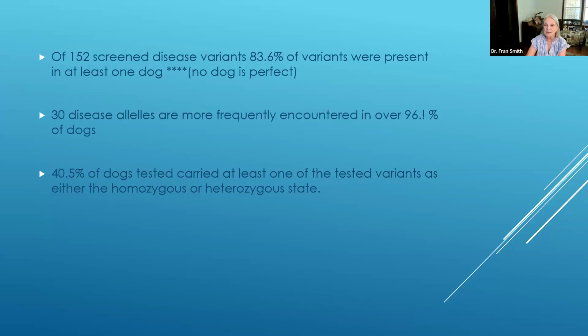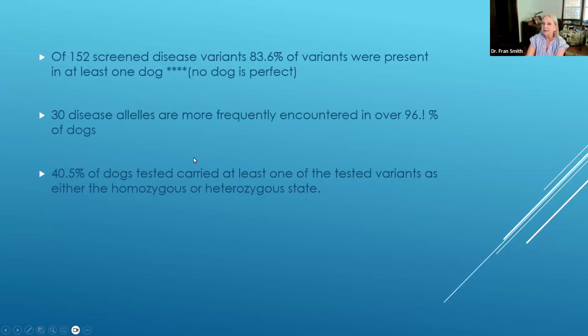And a summary of the results are what they found: of 152 screened diseases, 83.6 of the variants were present in at least one dog. So what does that mean? It means no dog, no human is free of all genetic disease markers.